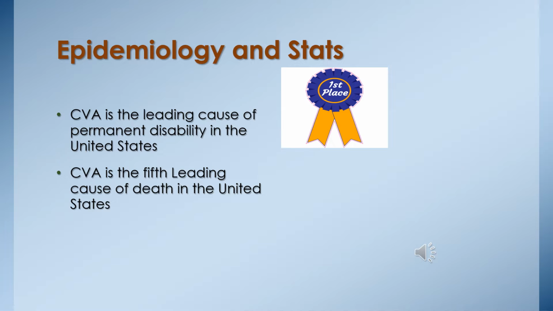So even if they have a past medical history of a stroke and residual effects, you will encounter someone who has experienced a stroke or care for someone that's having an acute stroke. And CVA or stroke is the fifth leading cause of death in the United States.